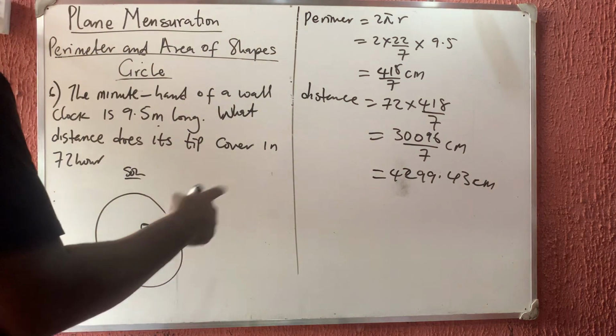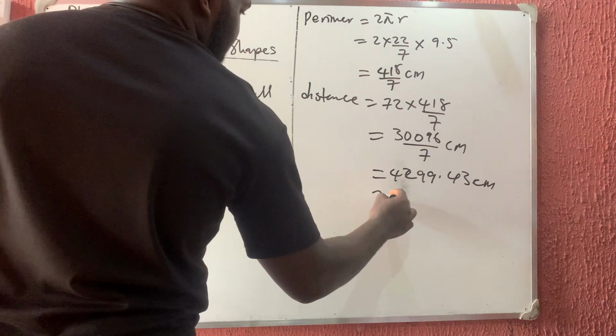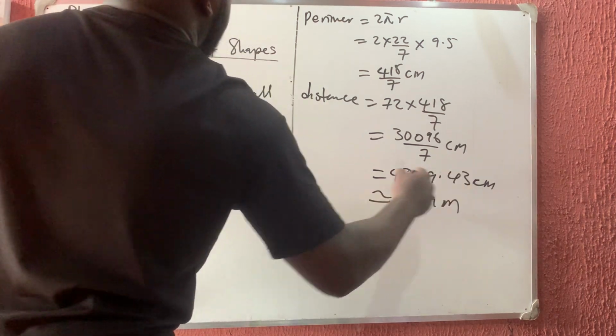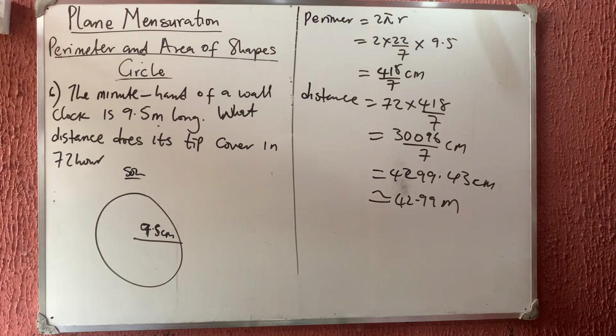To get it in meters is just to divide by 100, which is 42.99 meters. So that is the distance it's going to cover.